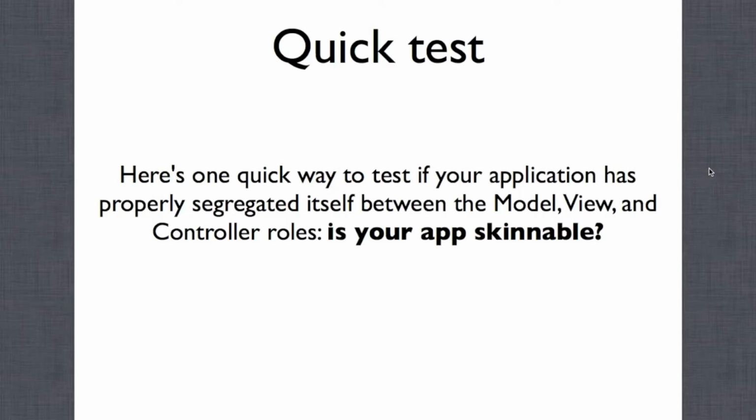If your application is really hard to skin, if you want to change the color of the buttons and the interface and change everything, the positions and sizes, and you can do it easily and without touching the logic, without touching the data, it's probably MVC or some sort of dividing and making those abstract objects independent of one another.